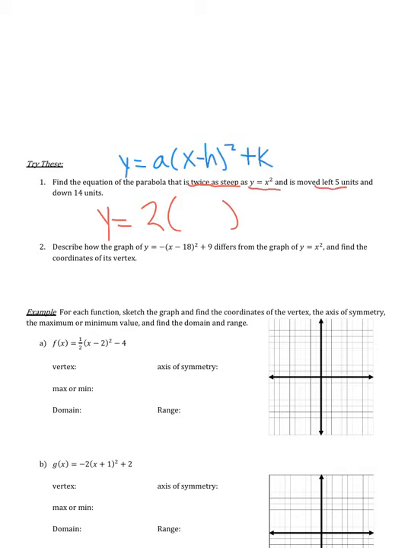It's moved left 5. Well, that's x plus 5. Left, remember, is opposite from what we expect. Left and right are opposite. It's moved down 14, so we're going to go down 14. That's minus 14. So now we can write a function here, okay? The vertex would be at negative 5, negative 14. That's useful to note. They didn't ask for that, but negative 5, negative 14.